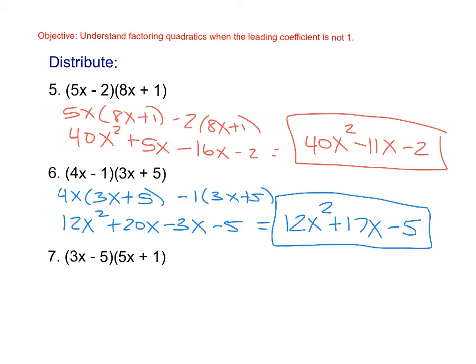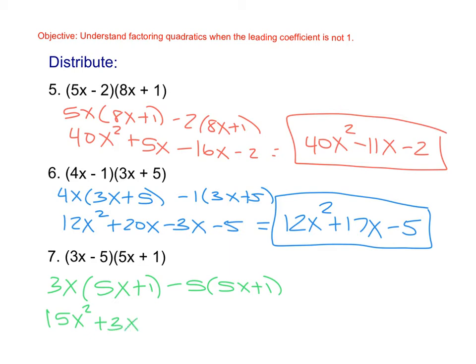And then the last one, 3x times 5x plus 1, minus 5 times 5x plus 1, 15x squared plus 3x minus 25x minus 5 gives us 15x squared minus 22x minus 5.